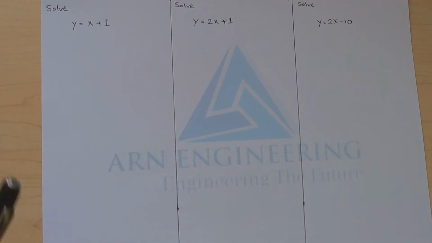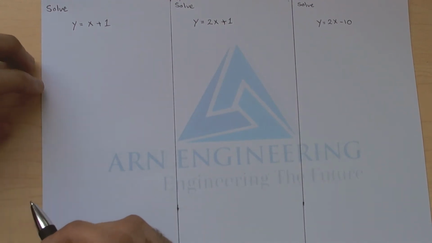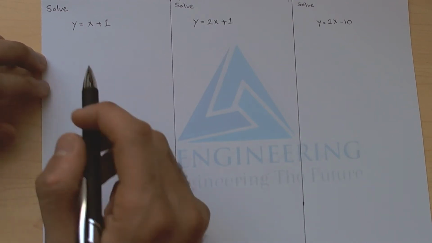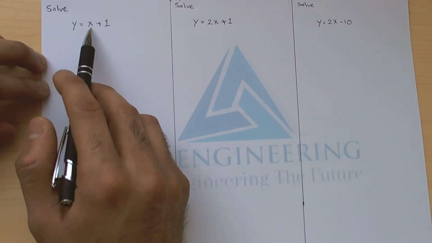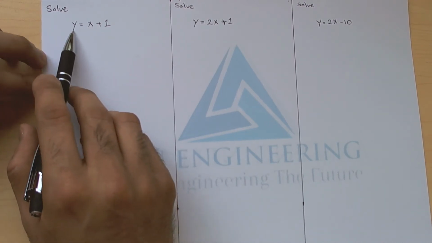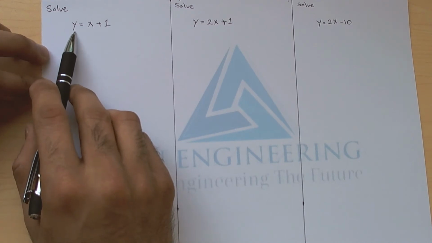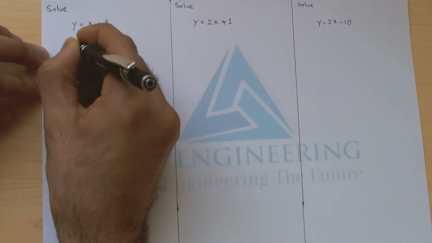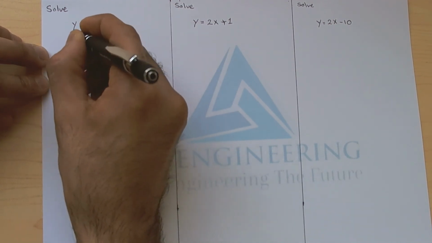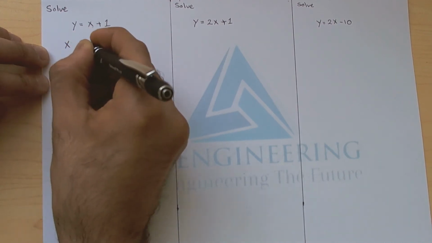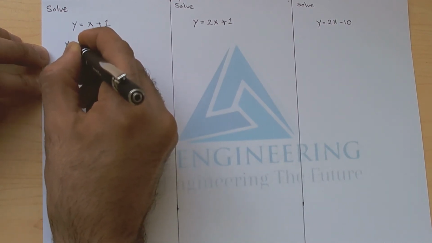Okay, so as I said previously, solving an equation means finding at what x values y has a value of 0. In order to find that, what we can do is assign a value of 0 to y and find the corresponding x values.